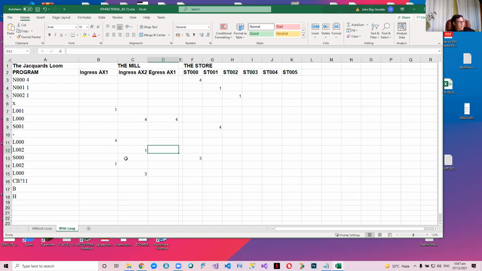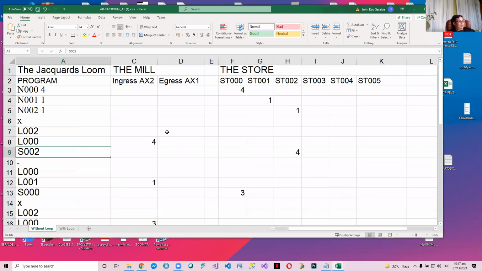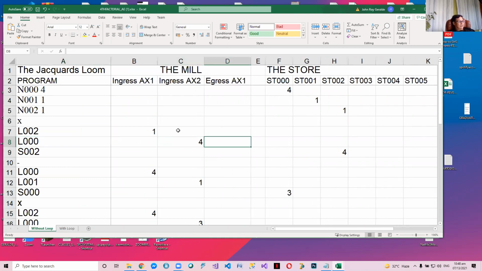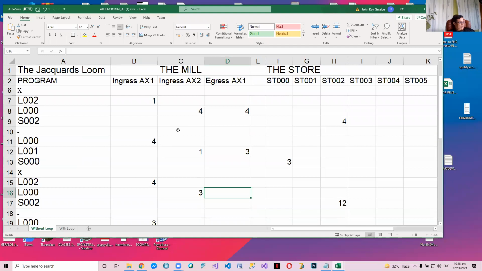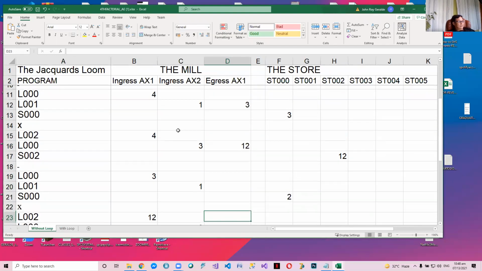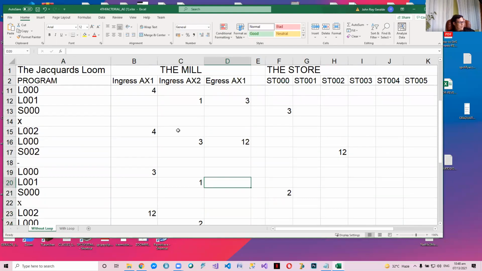Dito, egress access is 3. You follow? Do we have that here? Hindi natin nalagay, no? Times. Ang egress access dito is 4. Okay? The egress access is 3. The egress access is 12. The egress access is 3.